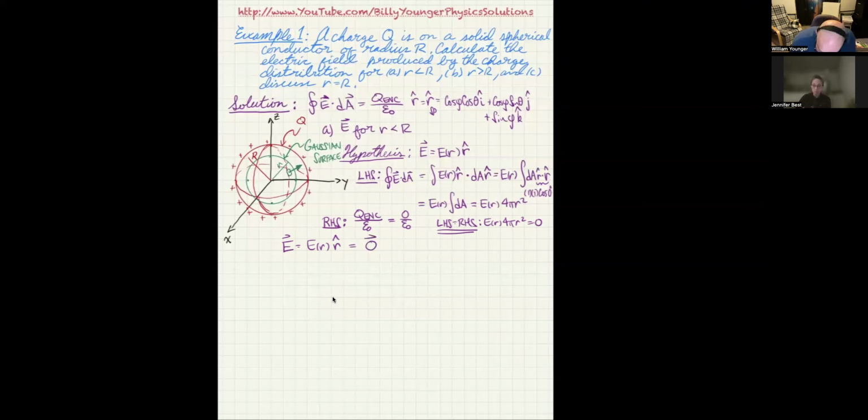So E is equal to 0 for R, oops, I almost wrote a cursive for R, less than big R. Now, if I chose to do that Gaussian surface all the way up to the inside edge of the surface, it would still be the same result because it's only on the outside surface that the charge resides. So for everywhere where R is less than big R, the electric field inside is going to be 0.